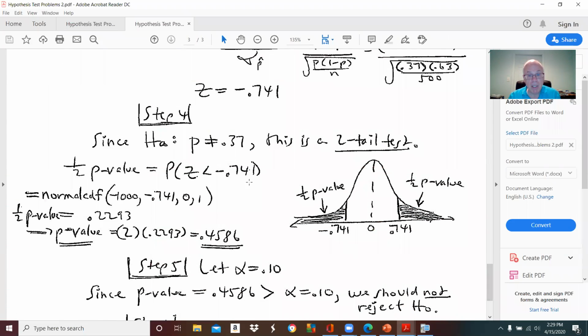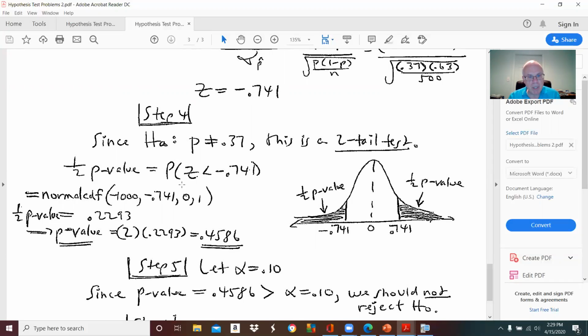Step 4, we have a two-tailed test here because our alternative is p is not equal to 0.37. So we're using negative 0.741, this end here, but note that there is a positive 0.741 also because it's a two-tailed test. But anyway, we're going to find the probability that z is less than negative 0.741.